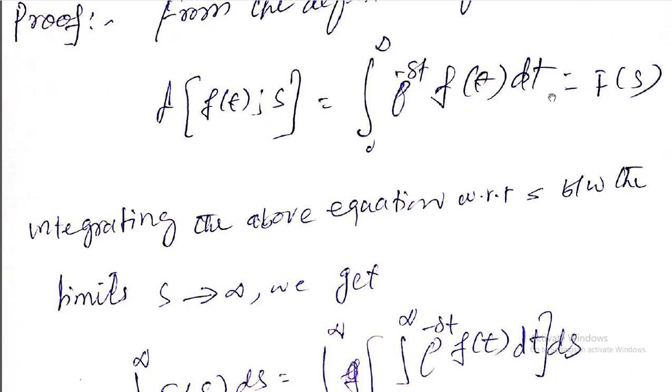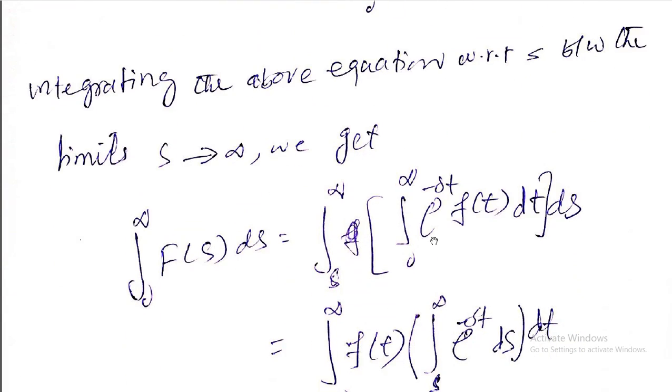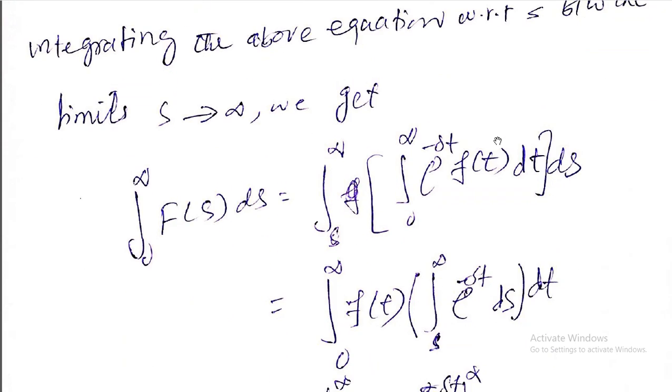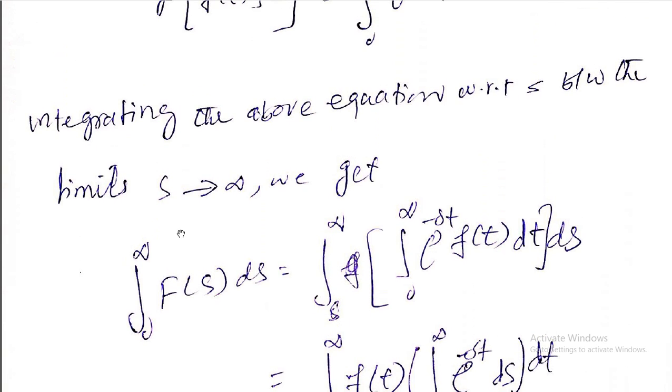Integrating the above equation with respect to s between the limits s and infinity, we get the integral from s to infinity of F of s ds, because the range is from s to infinity.